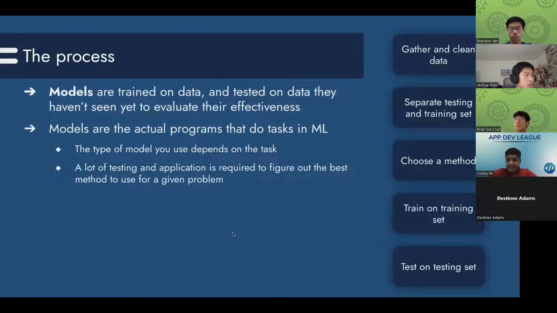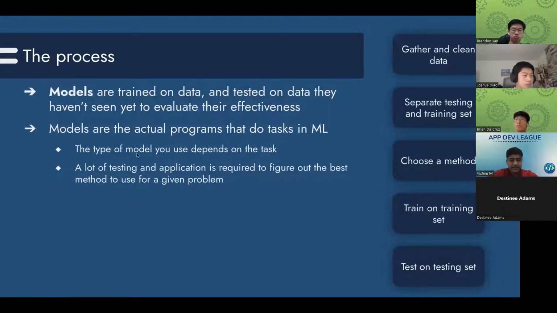You then take a separate training and testing set, because you want to give your model a data set to learn patterns from, but you also want data that it hasn't seen before in order to get an unbiased reading of how effective the model is in scenarios it hasn't encountered. After that, you choose a method or a framework to build your model with, and then you build that model. You then train the model on your training set of data and finally test it on the testing set to see its effectiveness.